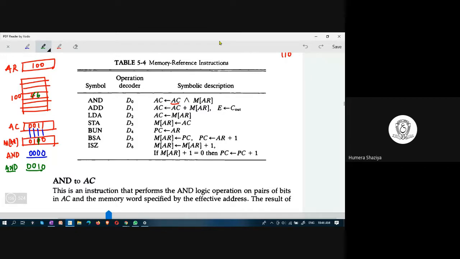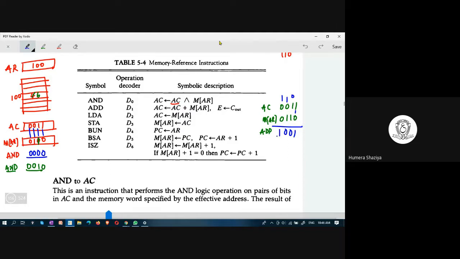For the add operation, consider the same values. AC has the value 0, 0, 1, 1. And M of AR has the value 0, 1, 1, 0. You are performing the add operation between these two bits. 1 plus 0 is 1, carry is 0. 1 plus 1 is 0, carry is 1.